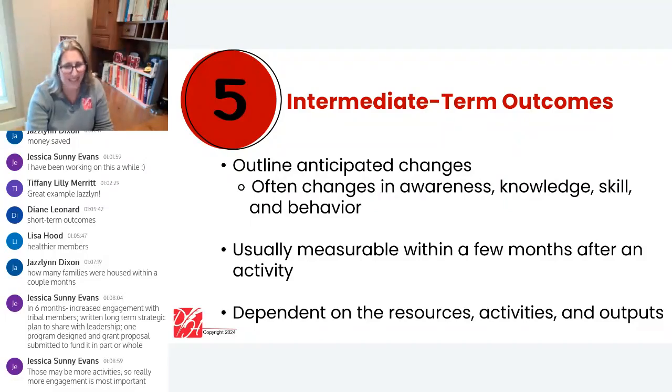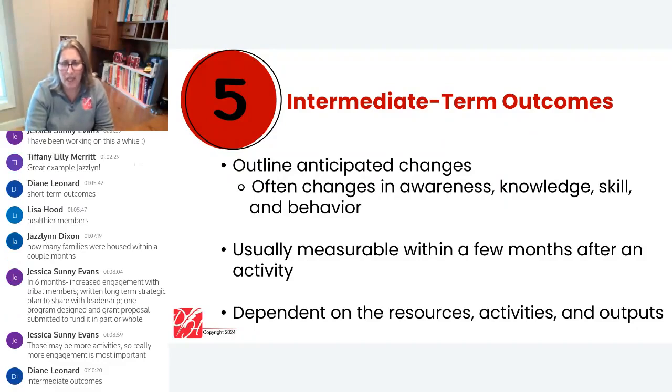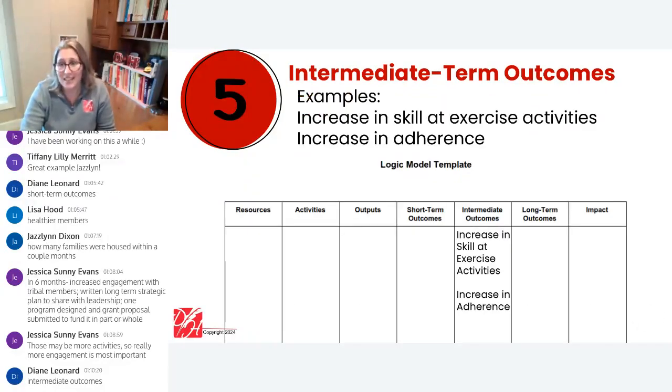Hold on, I can't type and talk at the same time. Intermediate outcomes. What might be next? The conveyor belt is continuing to move. The clock is continuing to move forward. So what might happen in months 4 through 9 or months 8 through 12? What is it that's happening after things have been going on for a while?